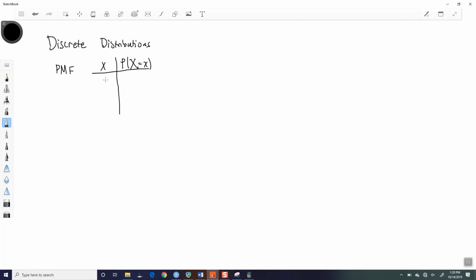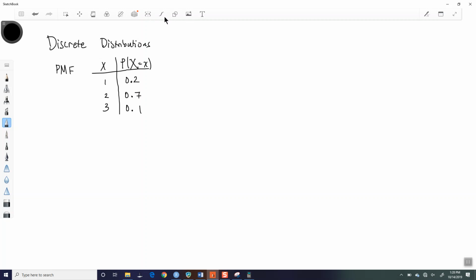All right, so we'll just keep it simple, and I'll say x can take on the values 1, 2, or 3 with probabilities 0.2, 0.5. Here, let's change it up. Okay, 0.2, 0.7, and 0.1.